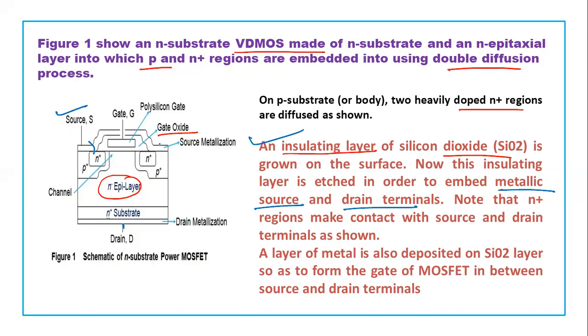Also, a layer of metal is deposited on the SiO2 layer so as to form the gate of the MOSFET in between. So now we have the gate, source, as well as drain, just like the emitter, base, and collector in a transistor. I hope the structure is now clear for you. So this is the N substrate power MOSFET.